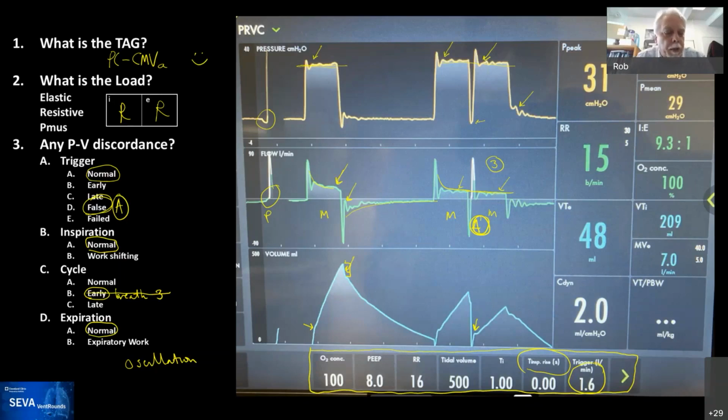And if the goal was to have a more equal distribution of volume, assuming that you had equal distribution of blood flow, and you didn't want to overdistend one versus the other, then as I recall, volume control gives you a more equal distribution between the 2 different time constants than pressure control, as I recall. I'll look for the paper and post it. I'll check it out. All right, thank you, Rob.